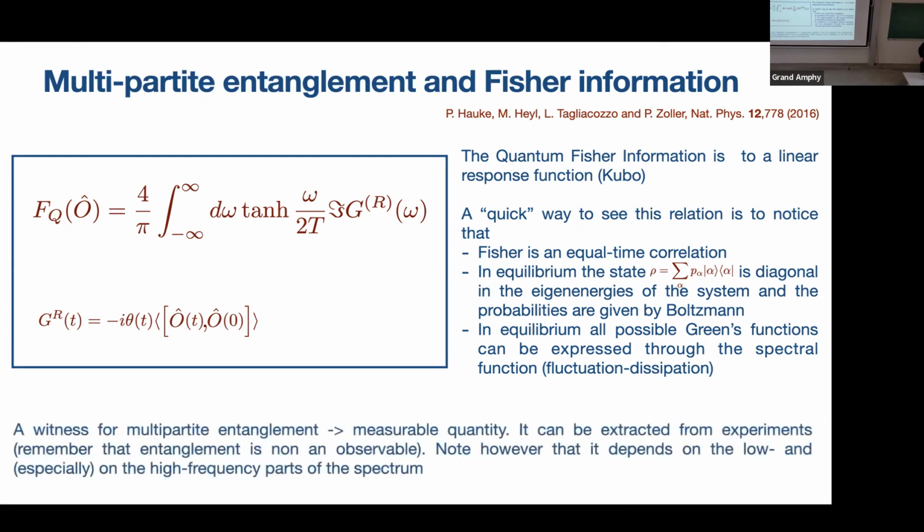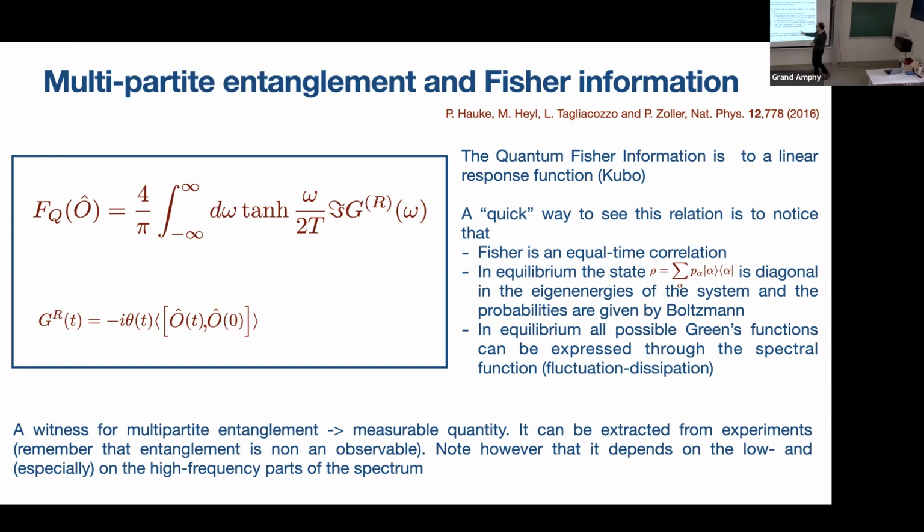Now, this is okay, but there is still a big problem. Since the Fisher information is related to equal time, it requires the whole frequency dependence of the retarded Green's function, which means that not only the low frequency but also the higher frequencies are important.